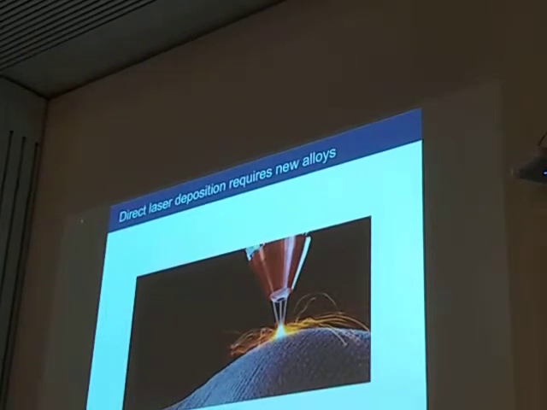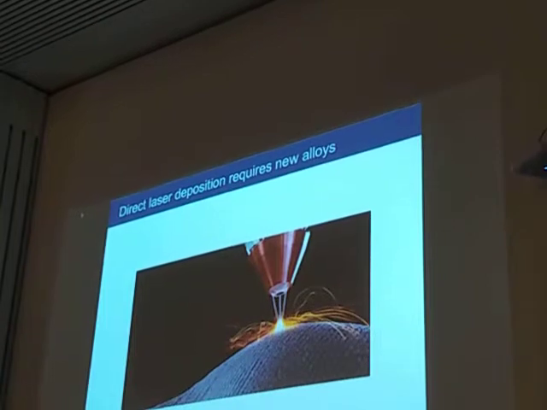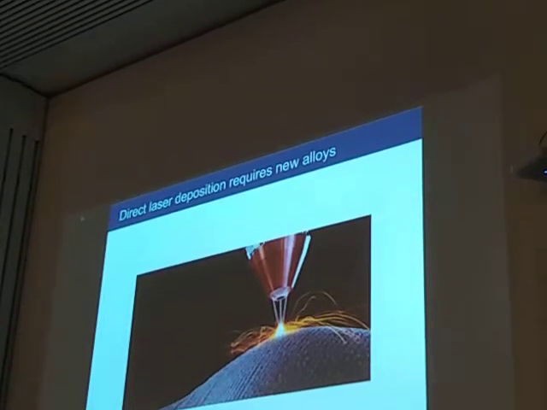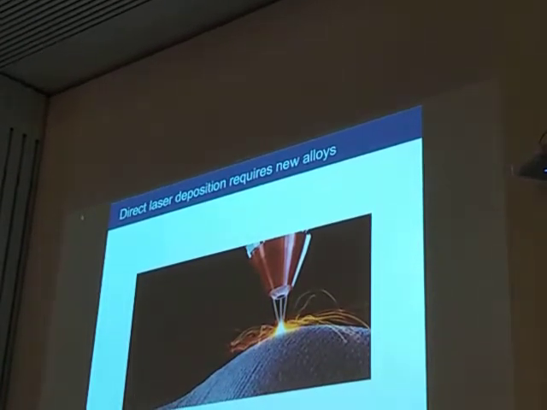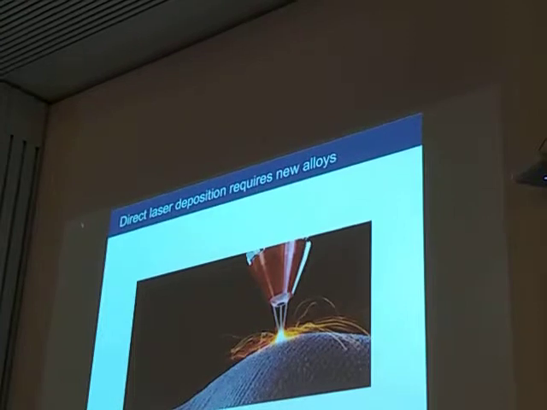Now we can make these beautifully intricate shapes using this, but the thermal cycles that we are putting the material through during this process are very unusual. We're heating the material up very locally as we are printing it, and then it is cooled down rapidly as the print head moves on.